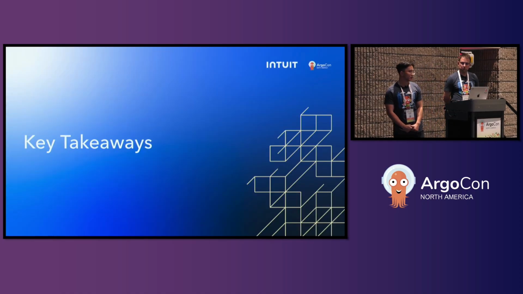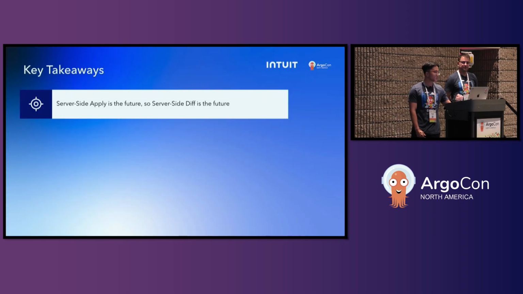So, key takeaways. We talked about a lot. Hopefully you're not tired of hearing about diff by now. Here are some key points to take with you. Server-side apply is widely considered the gold standard and the future for how to manage your Kubernetes manifests.